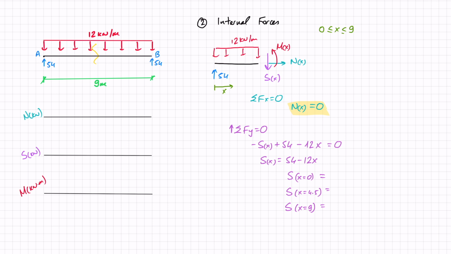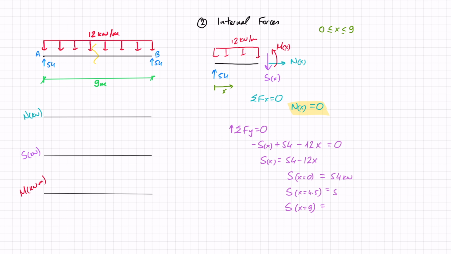So when x equals 0, I can see here that I get 54 kilonewtons, which is exactly what I'm expecting, because when x equals 0, I've got my reaction force of 54, and that distributed load hasn't really kicked in. So 54 is good.